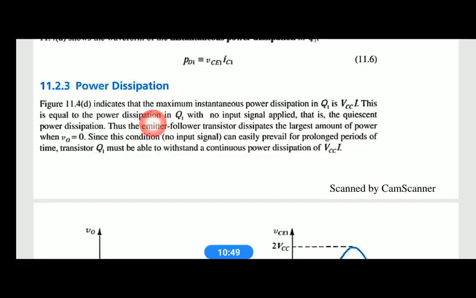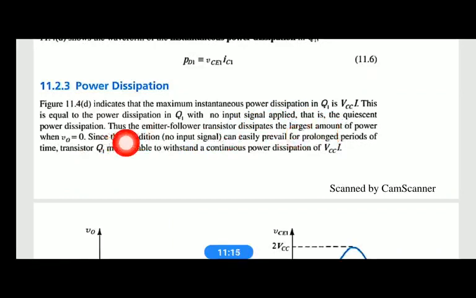Since the condition can easily prevail for a prolonged period of time, the maximum current flowing through the transistor when it is on is I, and the voltage will be VCC. So the maximum instantaneous power dissipation is VCC into I across the transistor Q1.